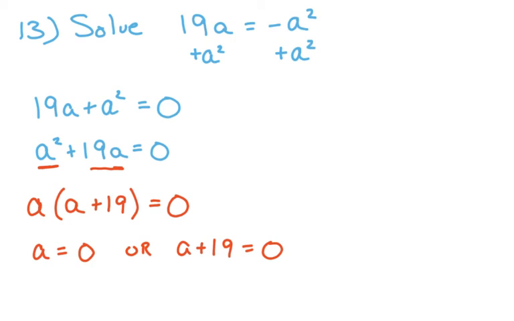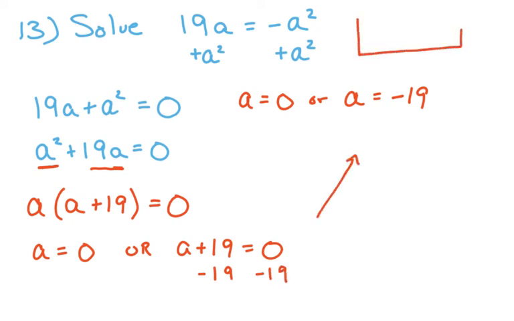So I have a equals 0 or a equals -19, right? I have to subtract 19 from both sides to get that. And again, you're probably going to be entering 0, -19 on WebAssign.